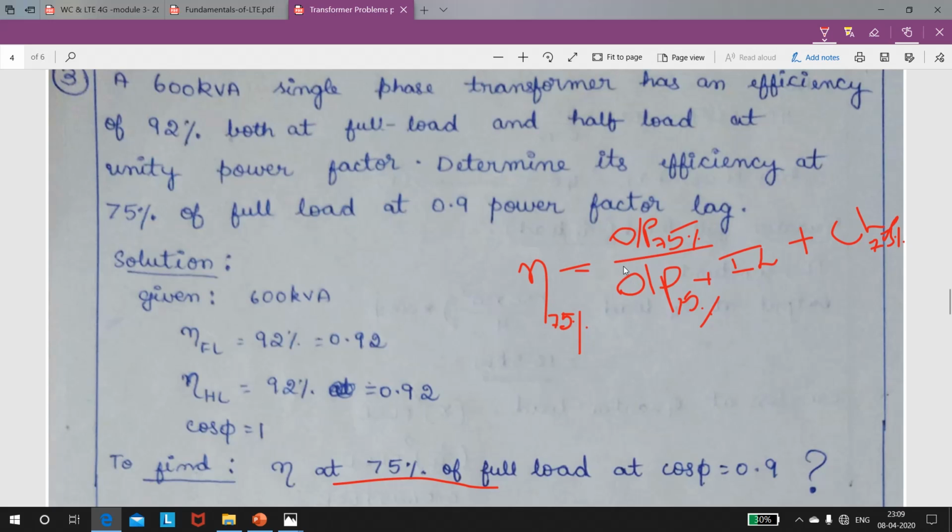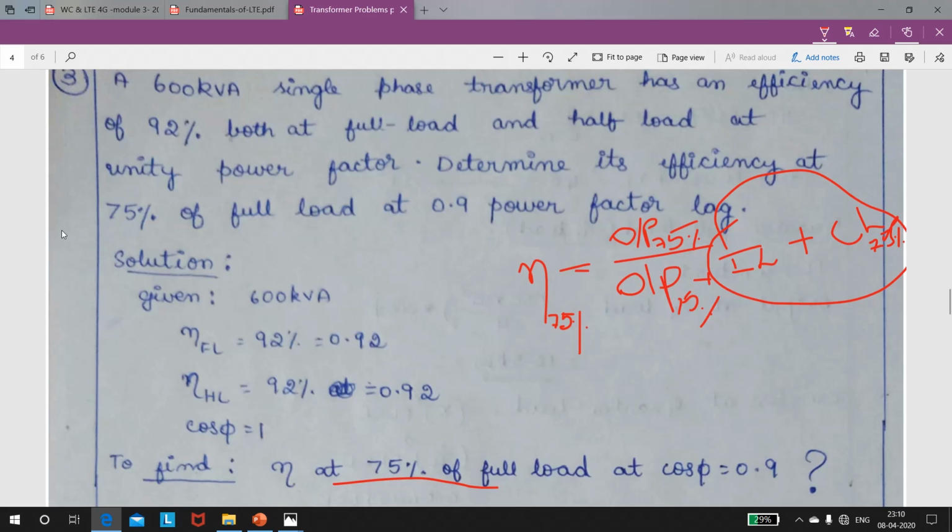Before finding out this efficiency at 75%, you have to first find out this. How can you find out? The same procedure that we followed in the second problem, we are going to follow in this problem also. So again I am going to divide the problem into two sectors. First is for full load, another one is for half load.